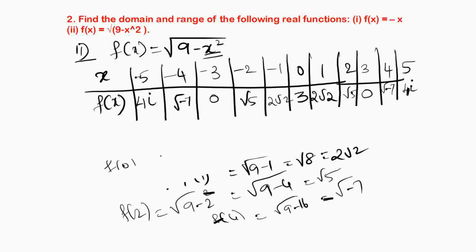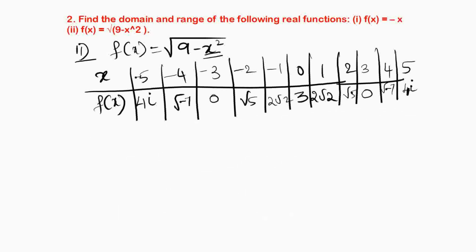For 1 it is 2 root 2, for 2 it is root 5, for 3 it is 0, for 4 it is root of minus 7, and for 5 I got 4i.